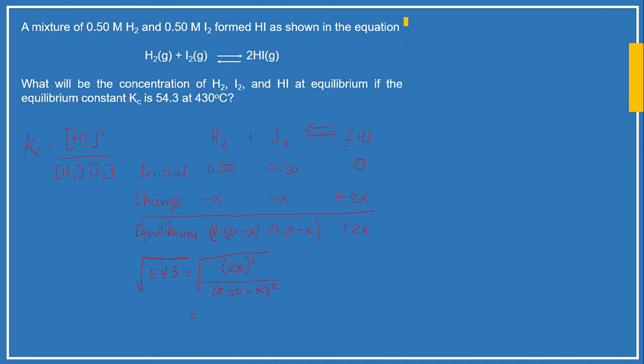So, the square root of 54.3 is 7.37 is equal to, magiging 2x na lang siya over 0.50 minus x. We cross-multiply our denominator to the other side of the equation.